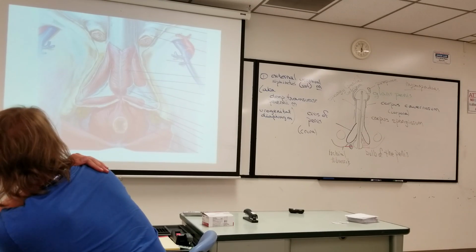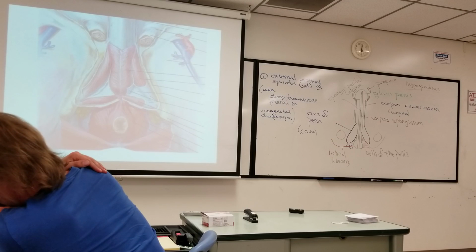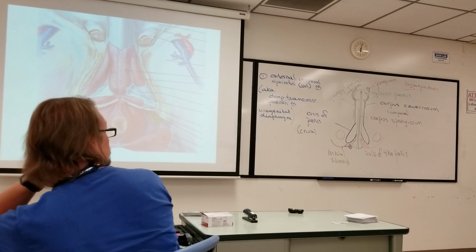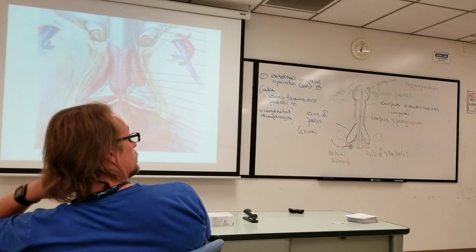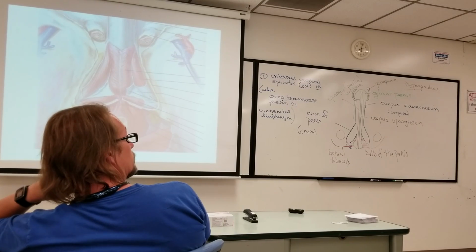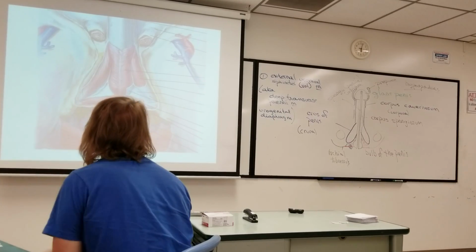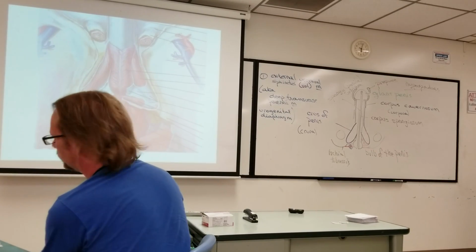It comes out the greater sciatic notch with the sciatic nerve. It goes back through the lesser sciatic notch, pudendal nerve. Okay? It's going to give branches that are called superficial perineal and deep perineal and dorsal nerve of the penis. But as far as we're concerned, you just have to know pudendal nerve for that. You don't have to know the perineal branch. Okay? So that's voluntary skeletal muscle.